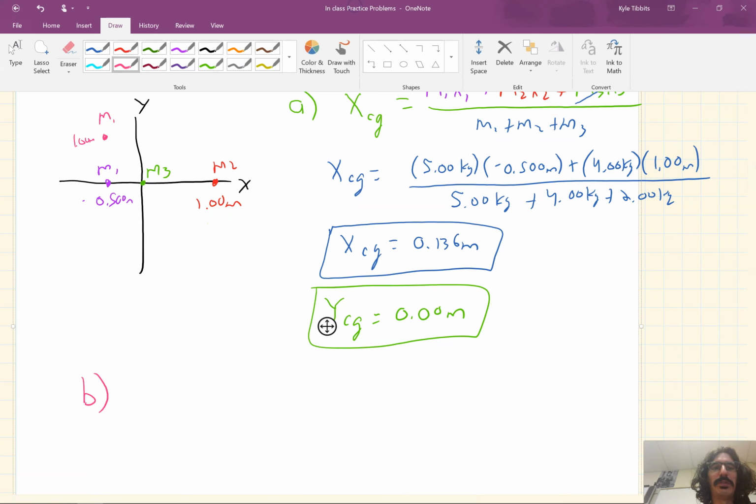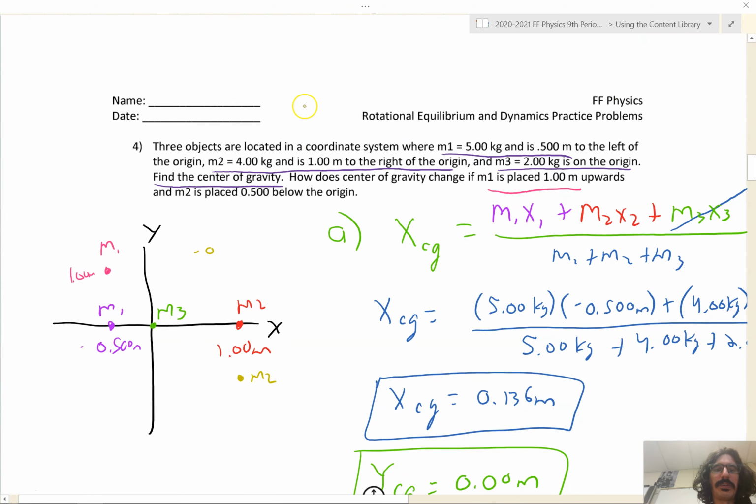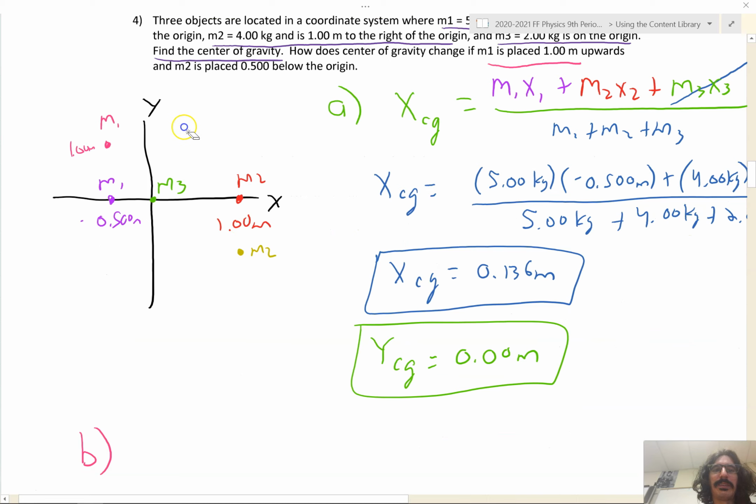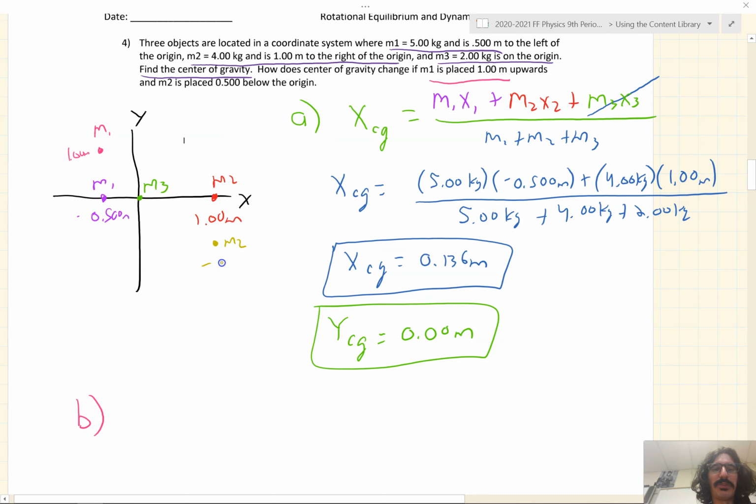So M2 moved downwards. Oops, sorry. M2, in the y direction, it's negative 0.500 meters. It keeps on erasing.